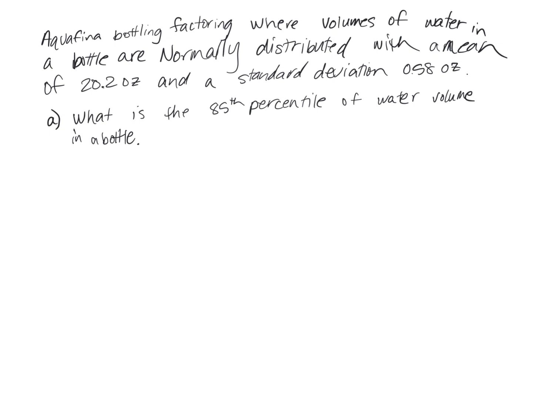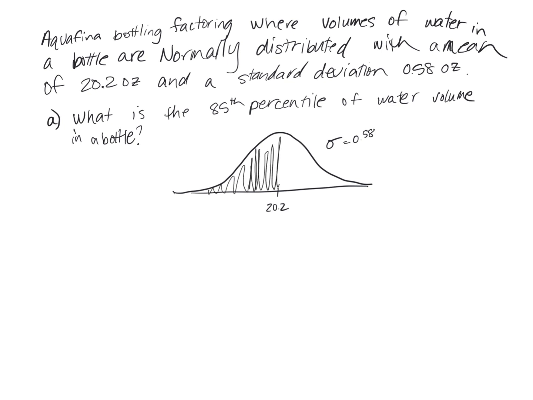First you would draw the graph. Okay. Normal, I'm going to go ahead and put the mean at 20.2, the standard deviation at 0.58. The 85th percentile might be, tell me when to stop. And why'd you guys have me stop there? It's the first 85%.